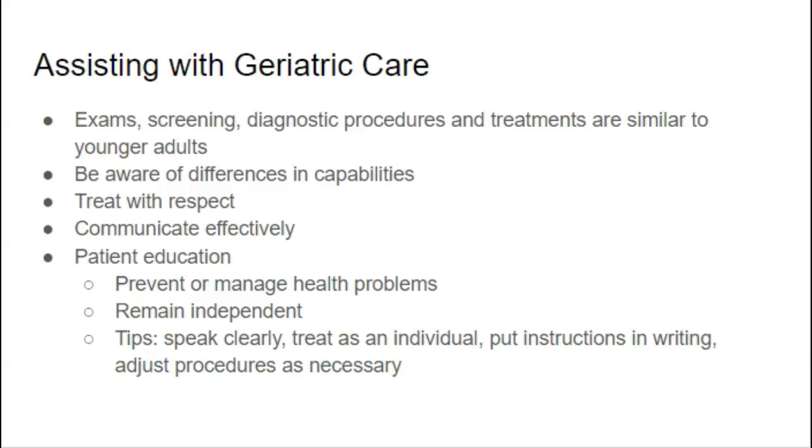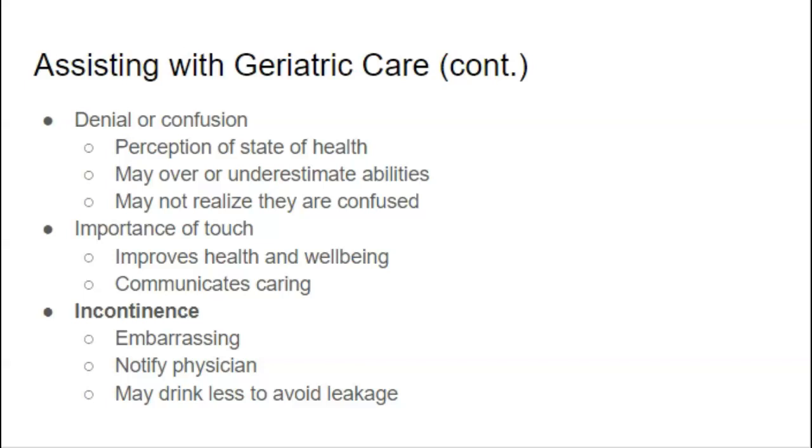Speak slowly. And writing things down is important, making sure that you discuss it verbally, highlighting things that are important on a sheet or discharge papers, so they have something to go back on. If they're like, oh my goodness, I can't remember what they said, you can always go back to what was written down to remember, okay? And then always give them a phone number to call in case they have any questions.